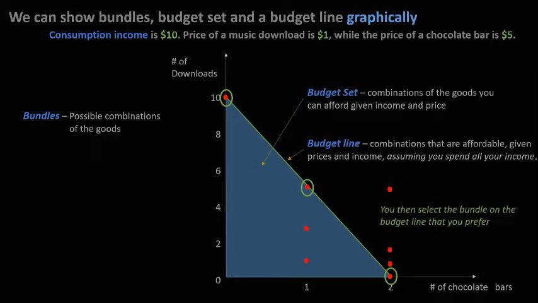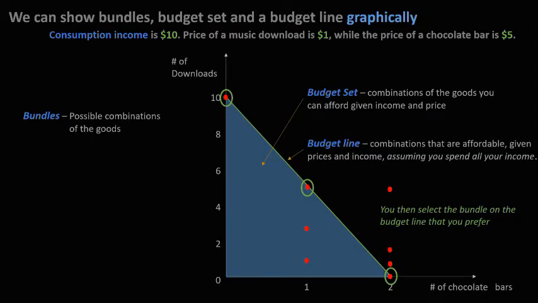So then we'd select the bundle that we prefer the most. Now, keeping in mind those 4 assumptions we have about the choices that we make.